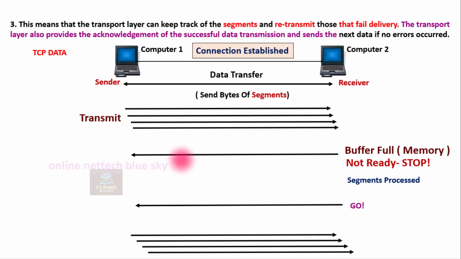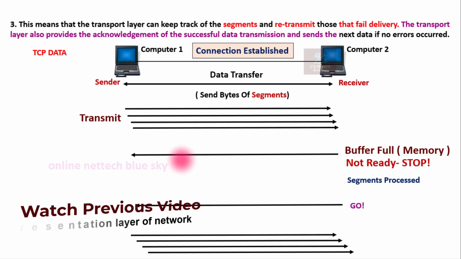For this reason, buffer technology exists; the buffer is one function of the transport layer. Buffering means the segments are completely processed to recover the one original file, completely transferred, and then you can send the next data.